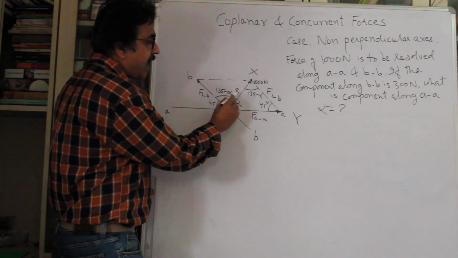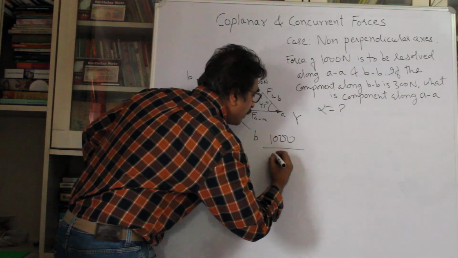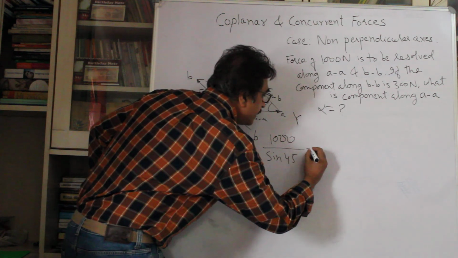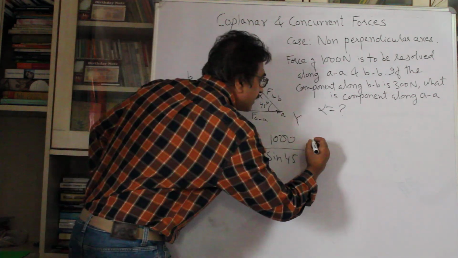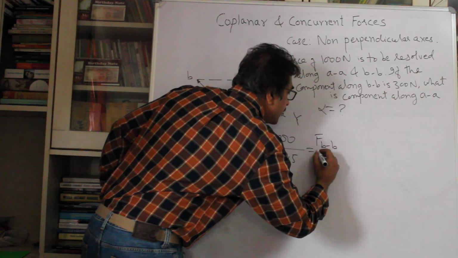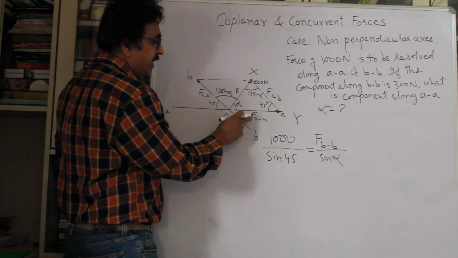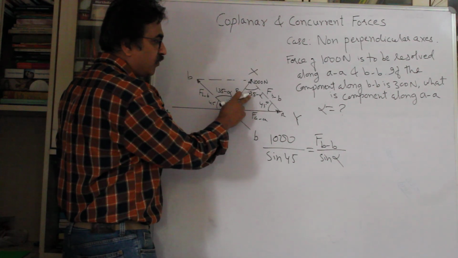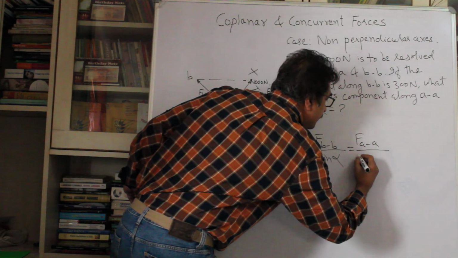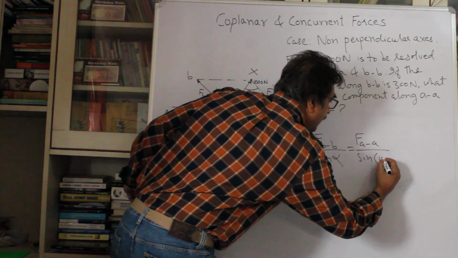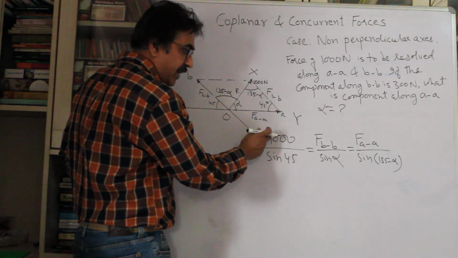You can say R upon sine 45, R is 1000, so I can write 1000 upon sine 45 is equal to FBB upon sine alpha, and you can also write FAA upon sine of 135 minus alpha. Okay, so we have this value.